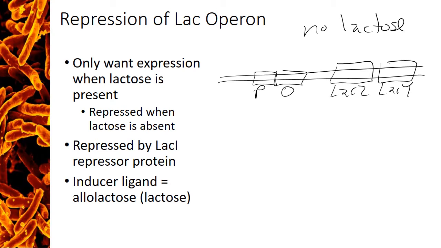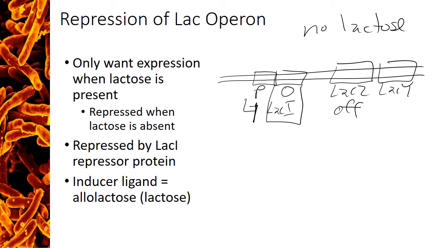When there's no lactose, we don't want to bother wasting the energy to make these genes into proteins because they wouldn't have any function. So in this scenario, LAC-I, which is the repressor protein, is bound to the operator, which means RNA polymerase can't get to the promoter to do transcription, so we have no transcription and these genes are off.